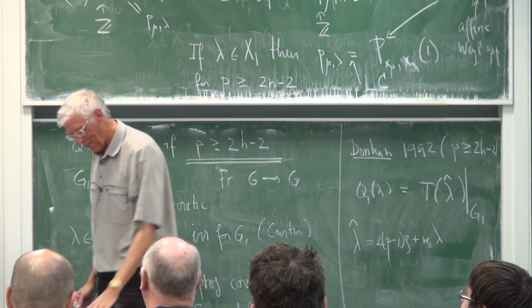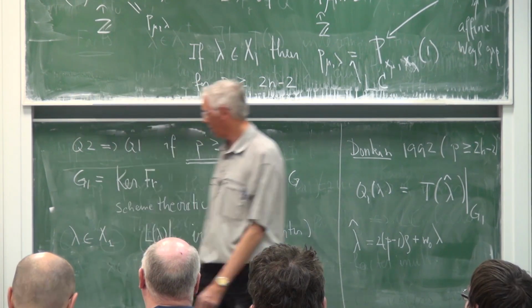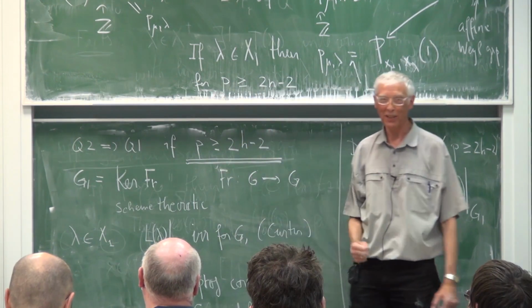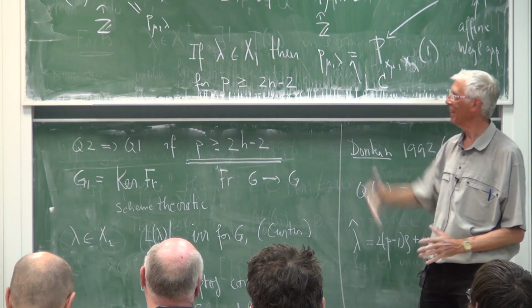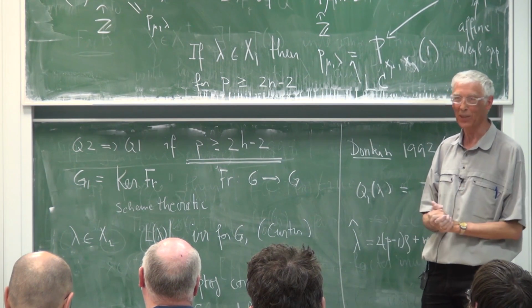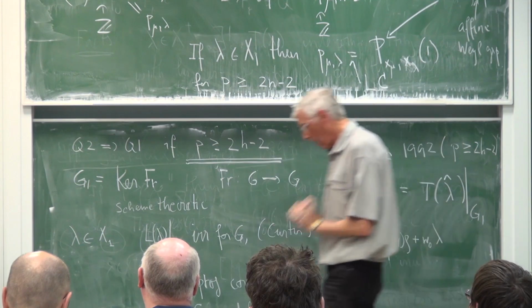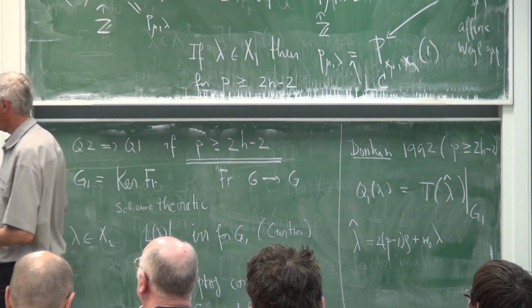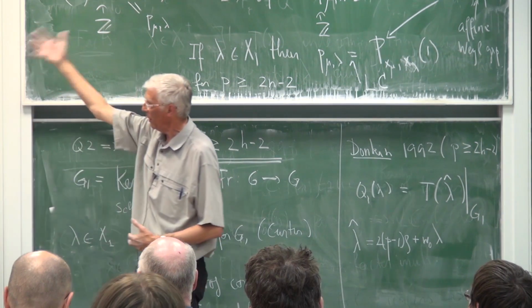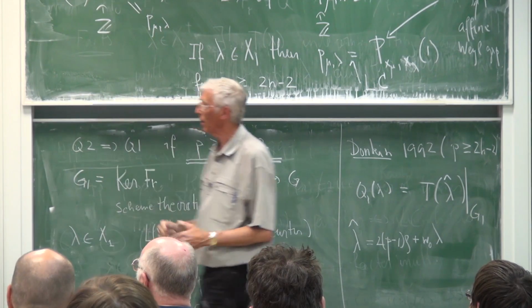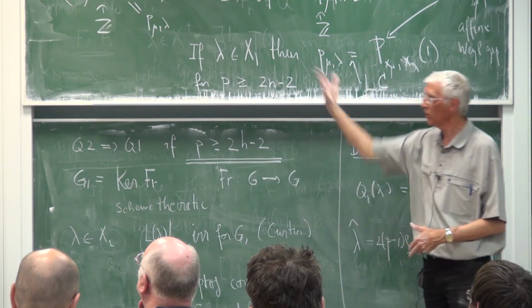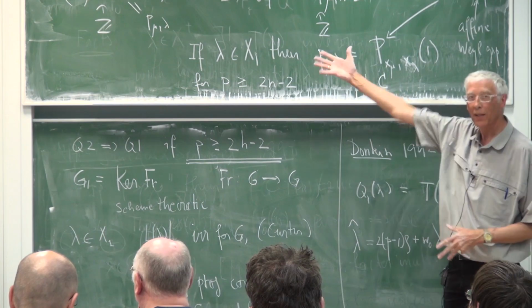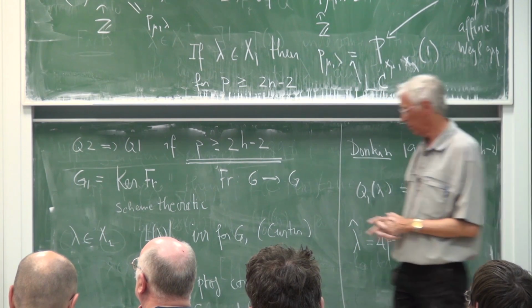And I think, in some sense, he certainly deserves credit for coming up with a morally correct conjecture on a question which was impossible. Now we have a different method which does produce an answer for almost all primes.